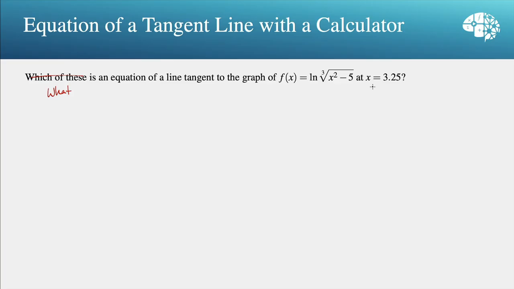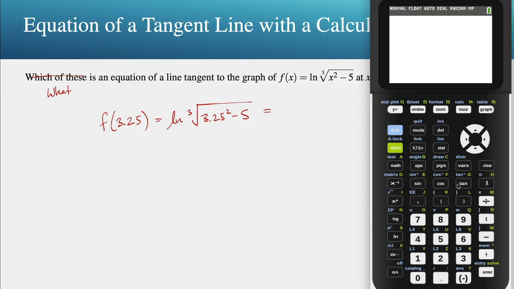Now, to find the point, we just need to take this value of x and plug it into this function. So I'm going to go ahead and do that. f of 3.25 is equal to the natural log, the cube root of 3.25 squared minus 5. And we'll go ahead and plug this into a calculator. So natural log of the cube root, which I'm going to use the function that has the cube root here.